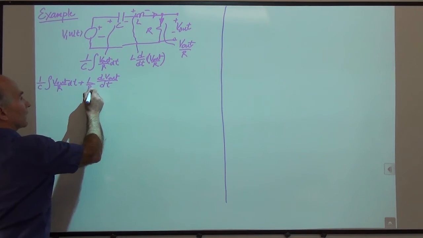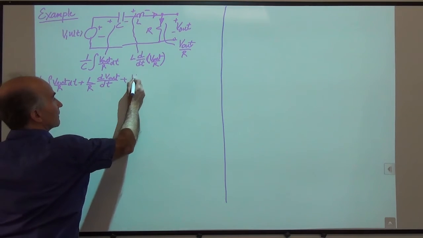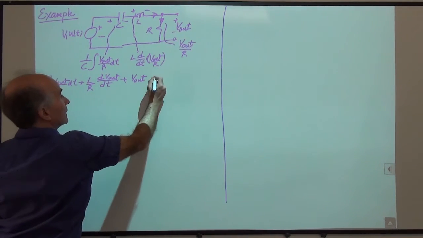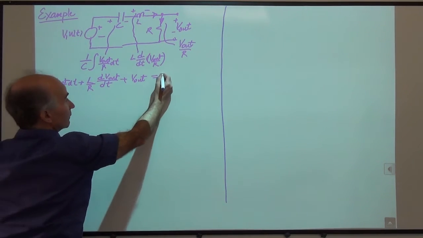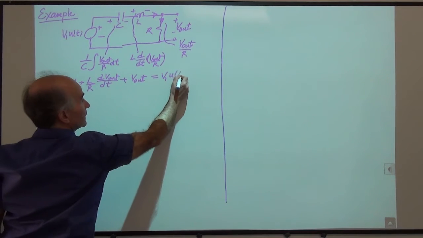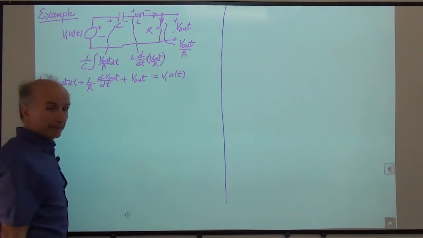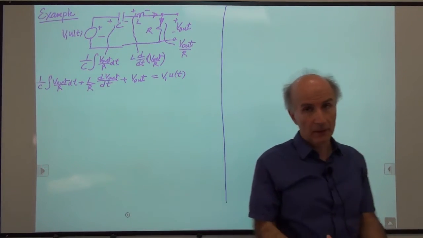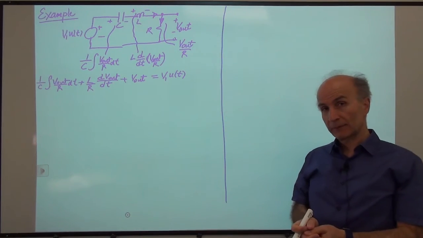There's a factor of 1 over R here. And then finally plus V out. This voltage plus this voltage plus that voltage must be equal to this voltage, V1 u of t. All right. Okay, so that's the overall equation for V out.